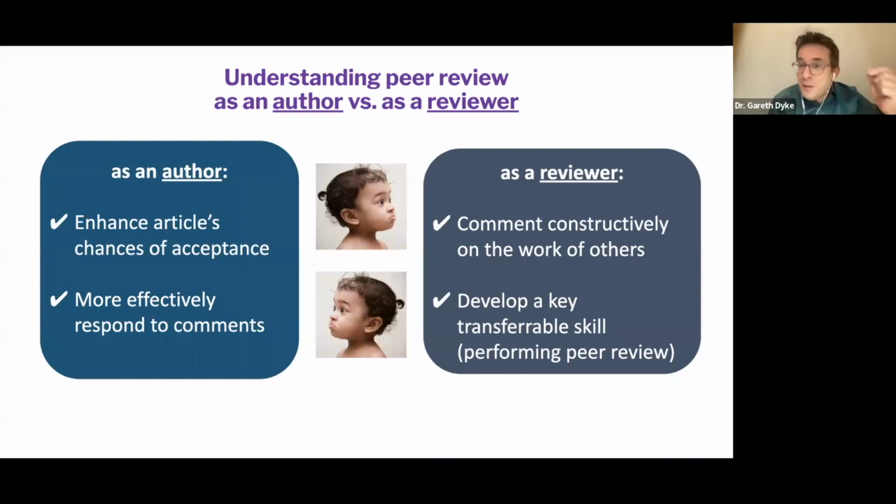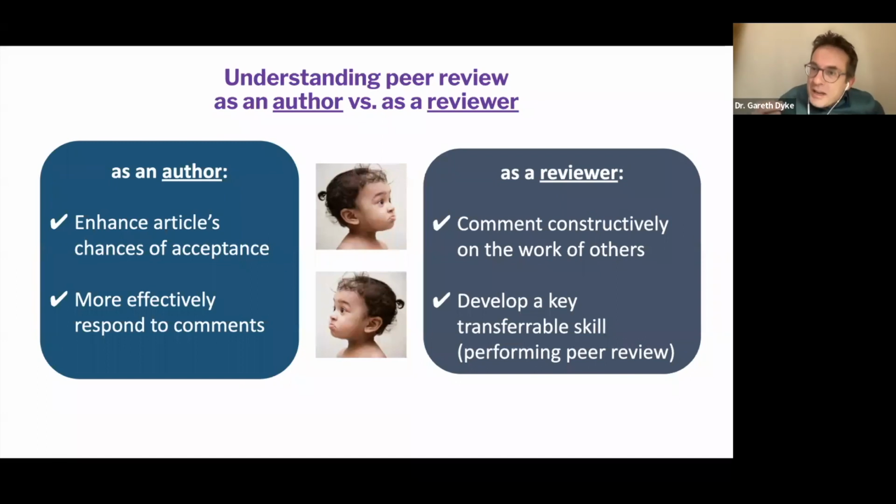So as an author, you are going to get through the peer review process by enhancing your article's chances of acceptance. By responding effectively to the comments that you get, you will increase your article's chances of acceptance. As a reviewer, if you are the one doing the peer review, then you are going to, I hope, comment constructively on the work of others. We'll talk about that a little bit later.